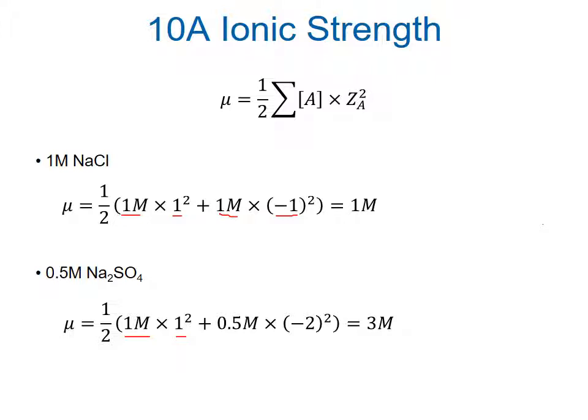But then we add 0.5 molar sulfate, that doesn't get doubled. And then we take the charge on sulfate, which is -2 squared. So we see that with that higher charge, we actually end up with a greater ionic strength. The charge has a much more drastic effect on ionic strength than the concentration.